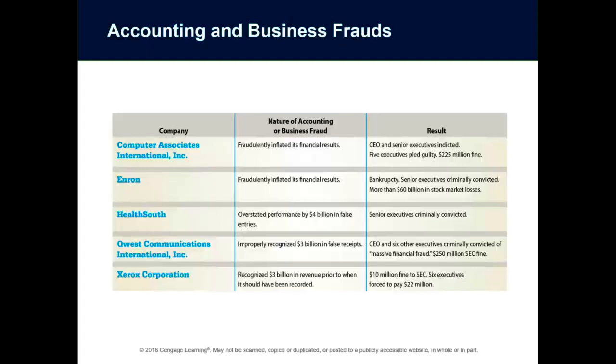And so, in all these cases, ultimately we could go through the details of what each of these businesses did. But the bottom line is if you're going to engage in some type of fraudulent financial reporting, then what you're doing is deliberately misstating the revenue or the expenses for the business. You're usually trying to make profit seem bigger than it really is, and you're also going to be misstating what the business owns and what it owes.